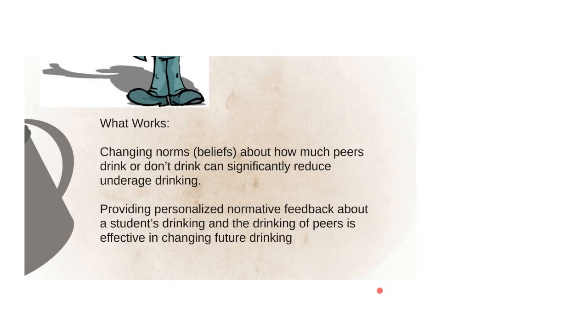While in other cases, some studies show that just any reference group that's close to them in age or appearance or gender is significant in changing the outcomes of drinking, the frequency, the amount, etc.